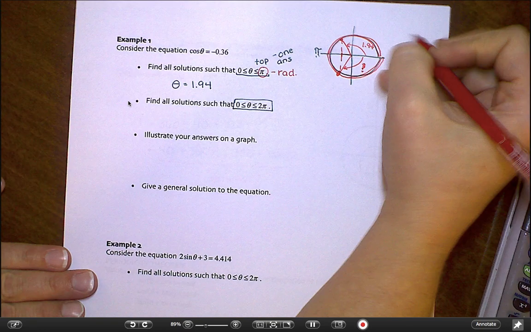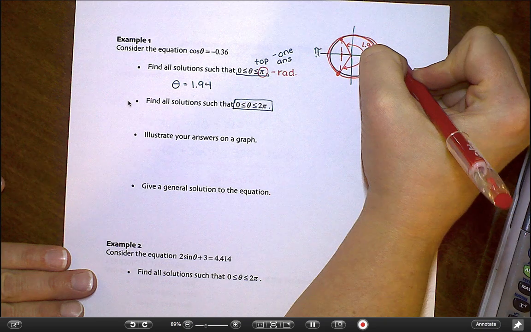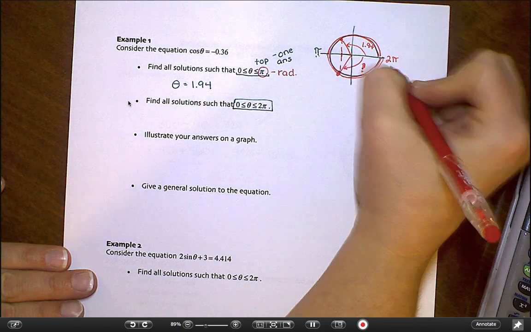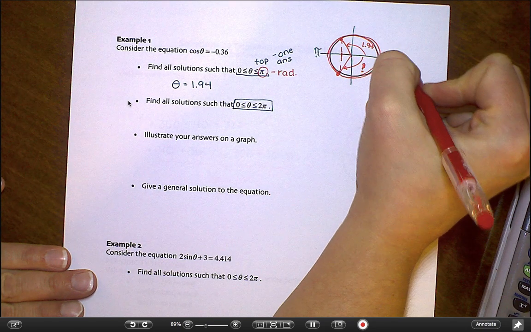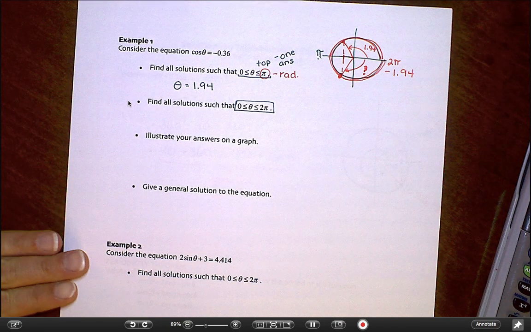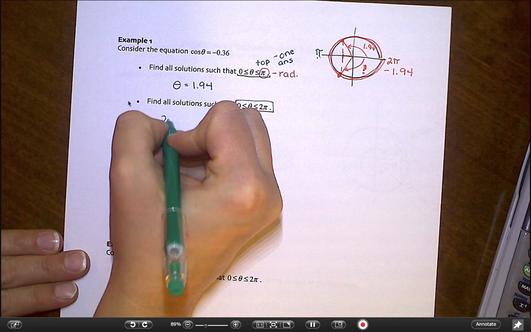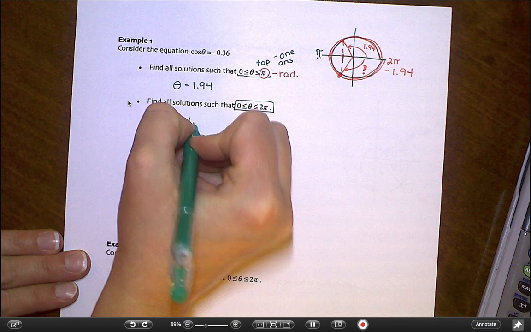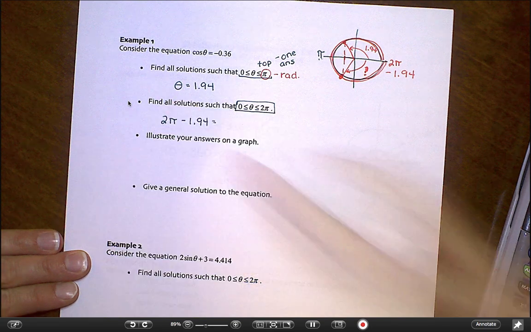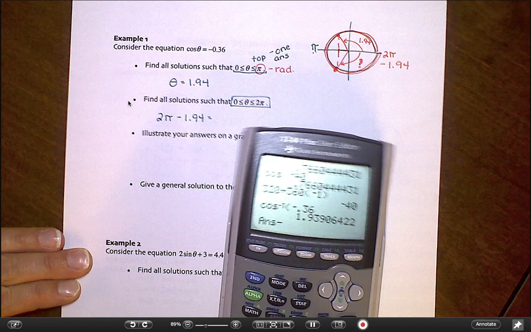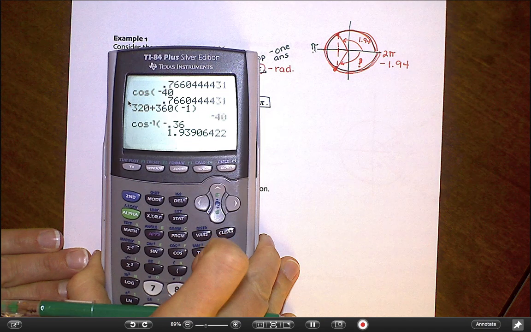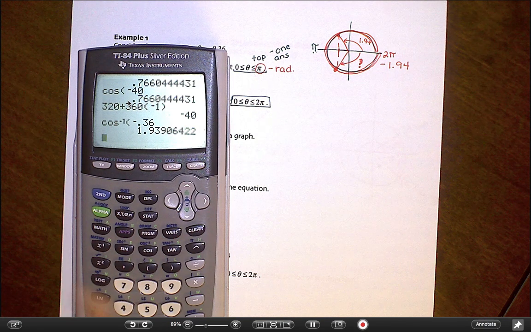All right, so we know that we're going backwards from 2 pi, and we're going backwards by 1.94. So to get my answer, I'm going to do 2 pi minus 1.94, and I'm literally typing that into my calculator because I don't have a pi value to work with.